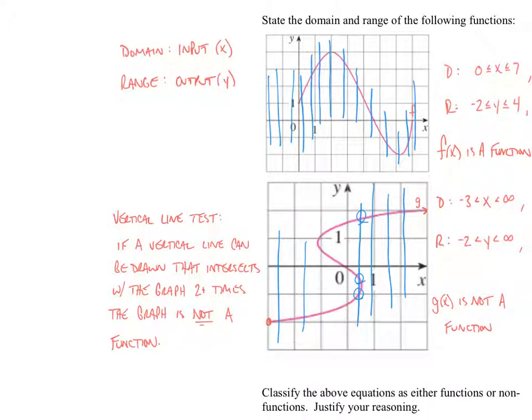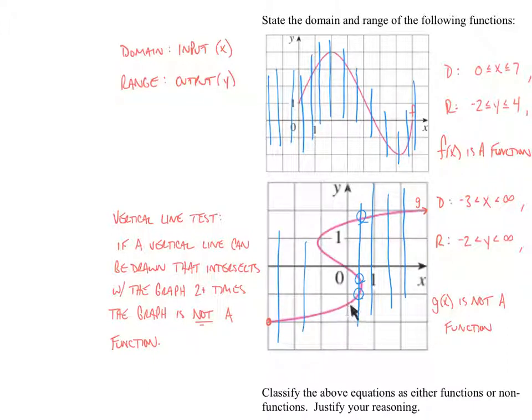And what it's showing us is, if it fails this test, then when I plug in these input values, I don't know what my output values will be, so it's unreliable. And if it's unreliable, then it's not a function. Because in this case, g of x, if I plug in a 0, what will my output be? Well, maybe it'll be -0.1 or whatever that is. Maybe it'll be positive 1.5.